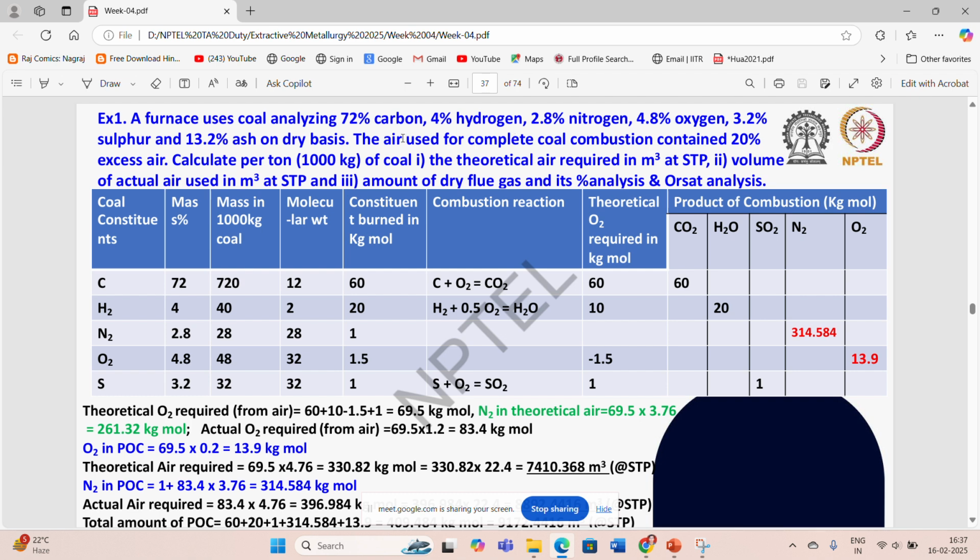So we are providing around 1.2x of stoichiometric air requirement. Then calculate per ton, 1000 kg, of coal combustion, the theoretical air required in meter cube at STP, then volume of actual air used in meter cube at STP, and amount of dry flue gas and its percentage analysis and Orsat analysis of that particular fuel source.